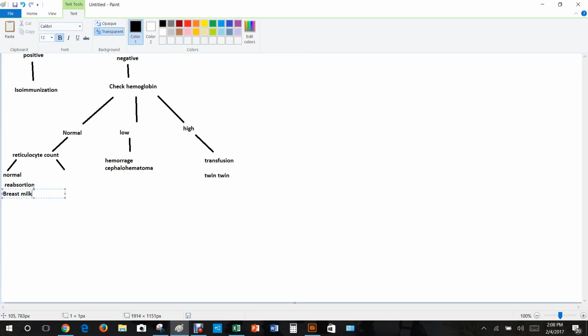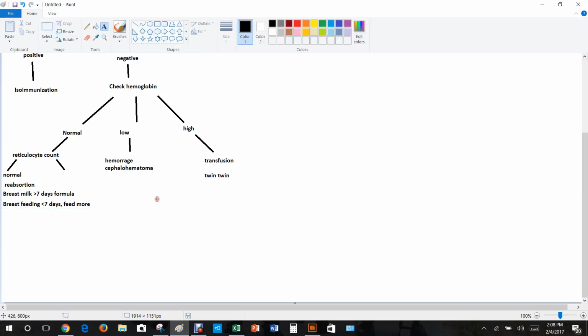And with breast milk jaundice, essentially, it's going to be after 7 days, and you probably need to give the baby formula. Okay? It's the breast milk that's causing the issues. We won't go into all the details there. Or it might be breastfeeding jaundice, and this usually happens before 7 days, and you just need to feed more.